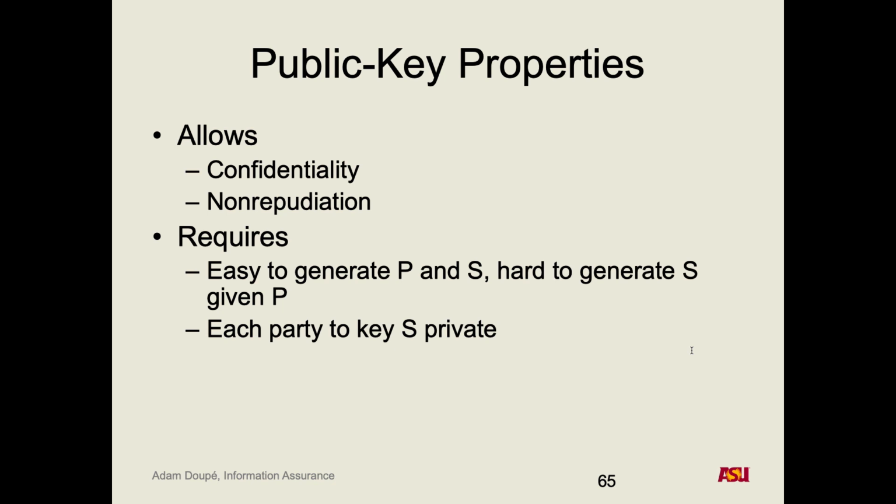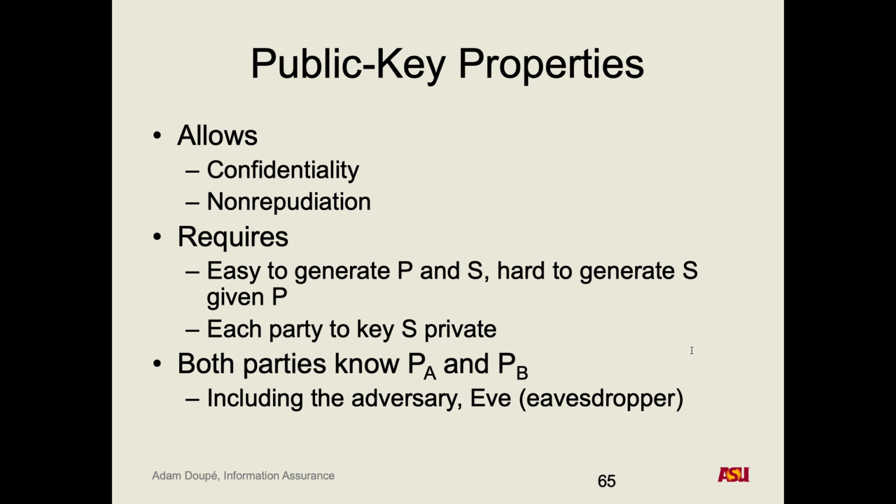And each party, every party has their own secret key. The other thing that's important to remember is everyone knows everyone's public keys. We'll assume this for now, right? Both Alice and Bob know their public keys, and so does our famous adversary, who we'll call Eve, or eavesdropper.